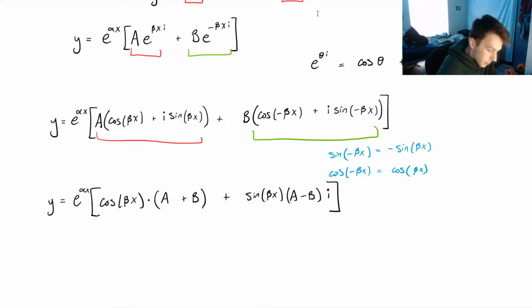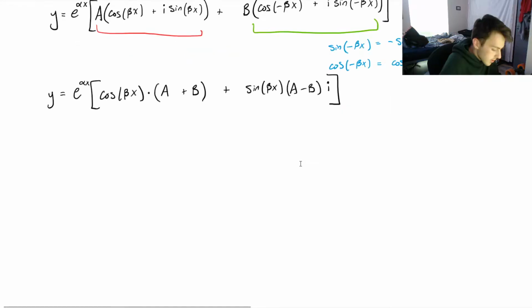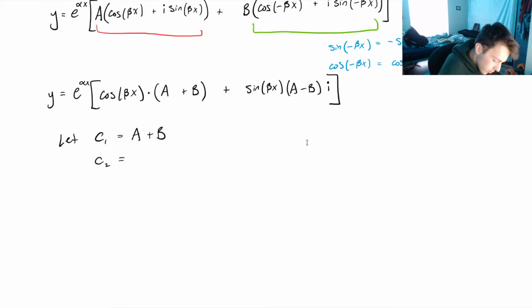And now what we're going to do is, well, we know that a plus b, that's just a constant, right? So let's just make it way easier to view. So let's say let c1 equals a plus b, and we're going to let c2 be equal to a minus b times i, right?